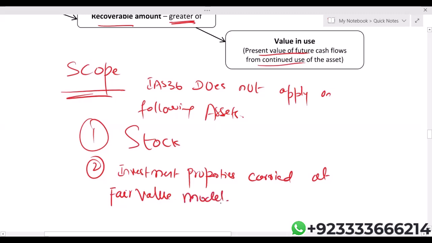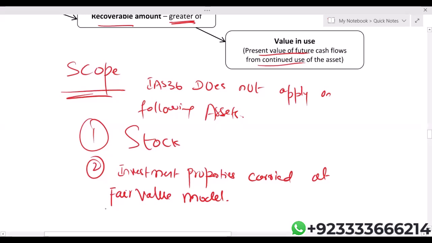Now listen carefully. Investment properties, that is IAS 40. In IAS 40 investment property, we have two models. One is the cost model, another is the fair value model. If investment properties are carried at fair value model, then IAS 36 is not applicable on those investment properties because they are already at fair value.